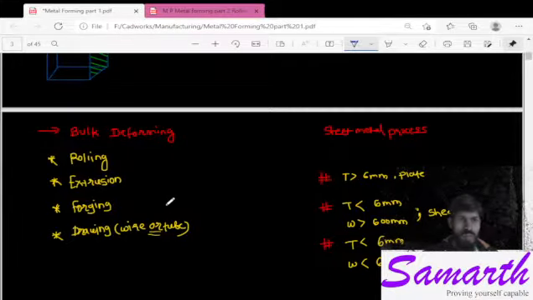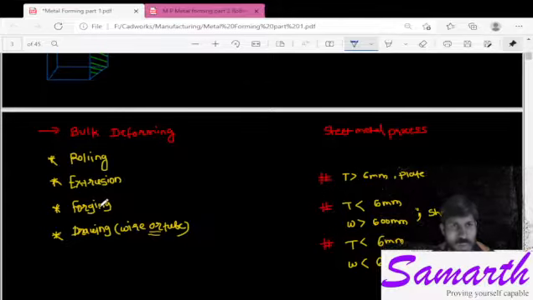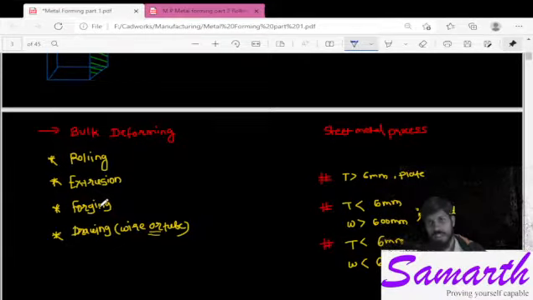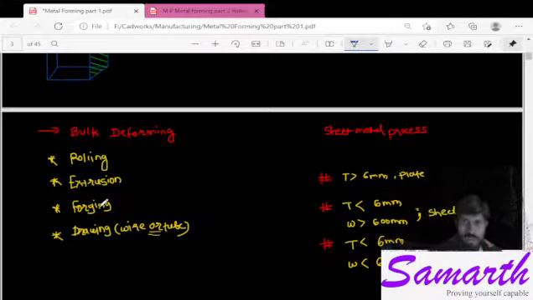What is the meaning of forging? If you are applying load by hammer, in that case it is called forging, or it also includes heating up to the recrystallization temperature. We will discuss what the recrystallization temperature is in this lecture itself.